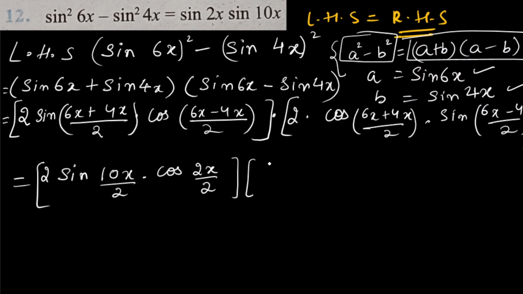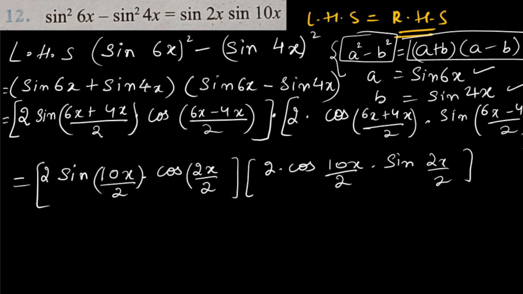Now again in the second bracket, same thing: 2 into cos 6 plus 4 is 10, 10x by 2, into sine 6 minus 4 is 2x by 2. Angles up and down we can cancel because this is one angle, not sideways.